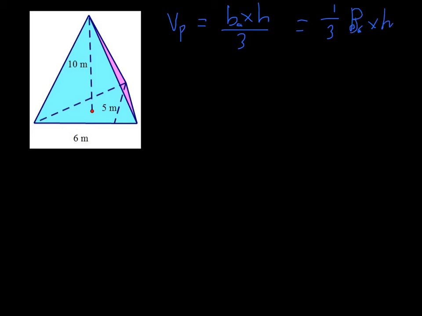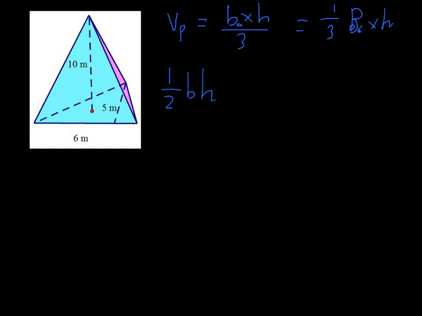In this case, the base area for a triangle is actually equal to half base times height. You can see it is getting a little confusing because I'm using the same names and labels for different sides.